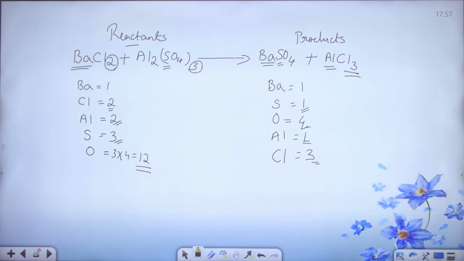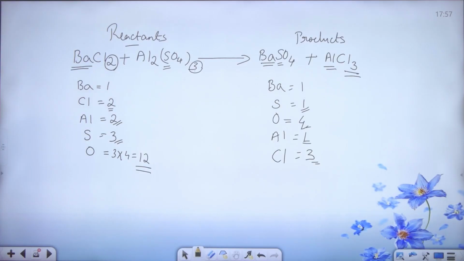Then how to balance? I am going to balance aluminium first. In Al2SO4, the number of aluminium atoms on the reactant side is 2, and on the product side there is only 1 aluminium atom.